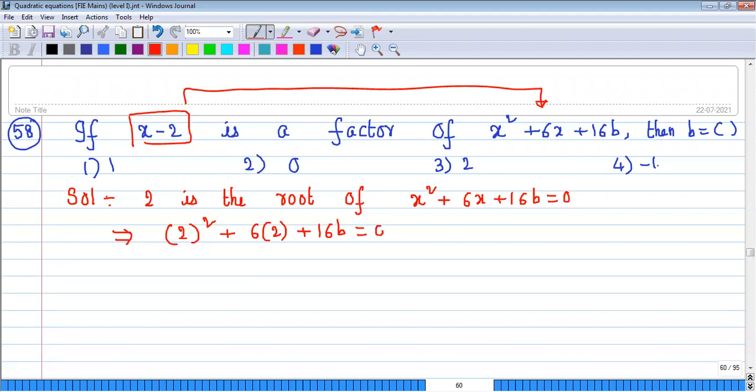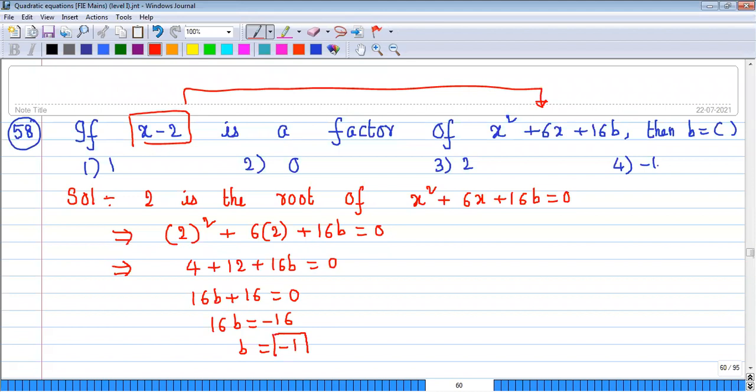Just solve for b. You will get the answer. This is 4 plus 12 plus 16b equals 0. 16b plus 16 equals 0. 16b equals minus 16. Obviously b equals minus 16 upon 16, minus 1. Yes, minus 1. So fourth option.